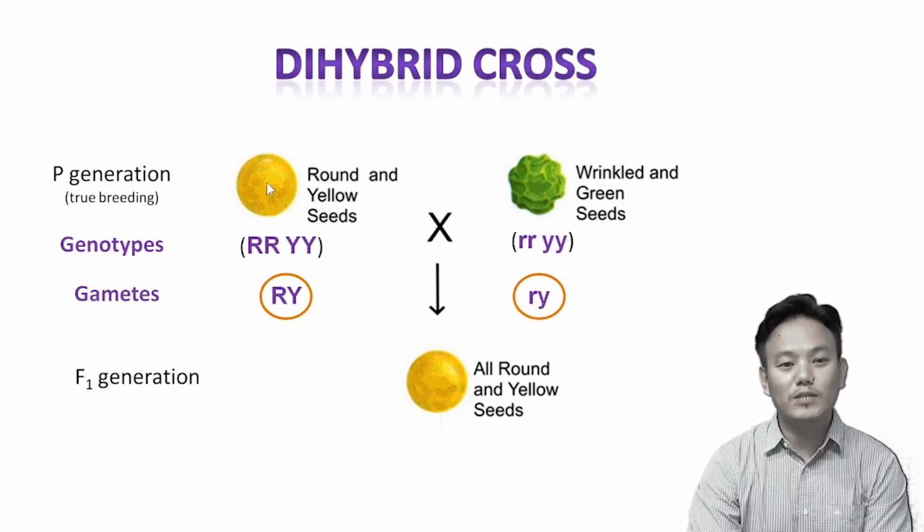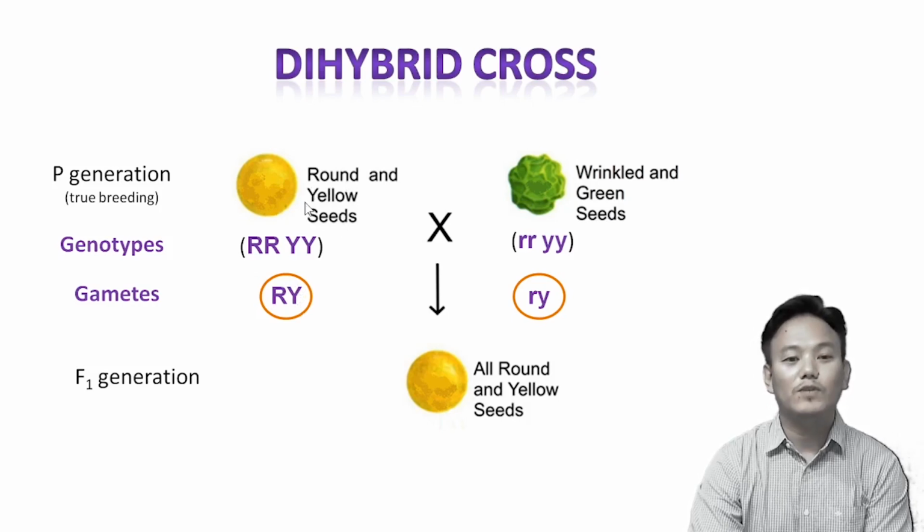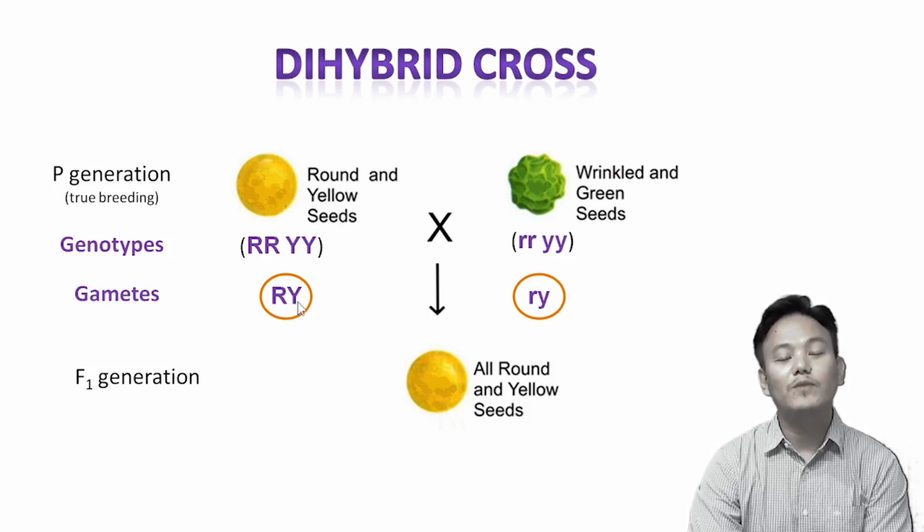This particular parent, which produces round and yellow seed, will produce gametes which have one capital R and one capital Y. And this particular parent plant, which produces wrinkled and green seeds, will also produce only one type of gamete, that is having one small r and one small y.